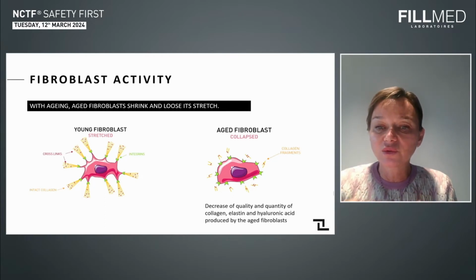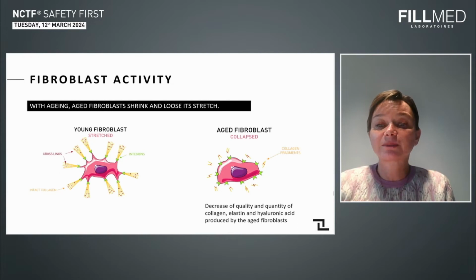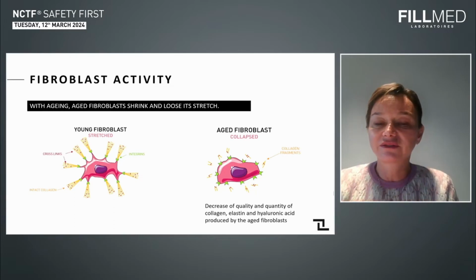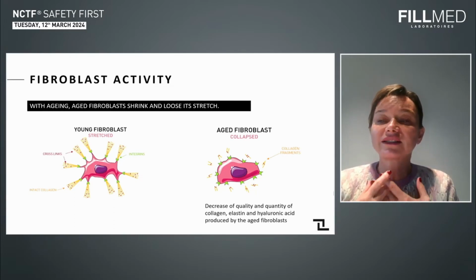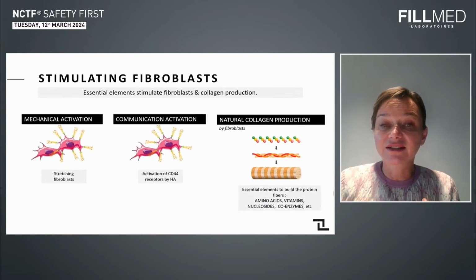Because to be active, the fibroblast, the key cell responsible for the synthesis of collagen, of good quality elastin, of good quality hyaluronic acid, is the cell responsible for good quality of the dermis. And for this, it has to be stretched like a good sportsperson.